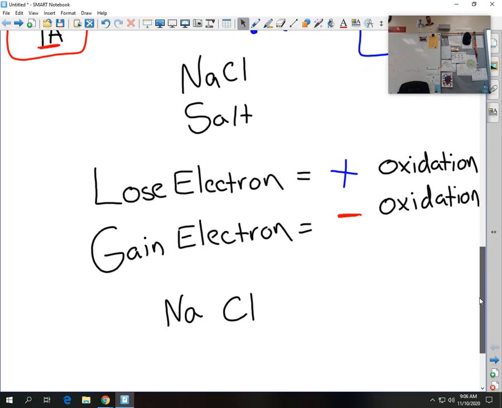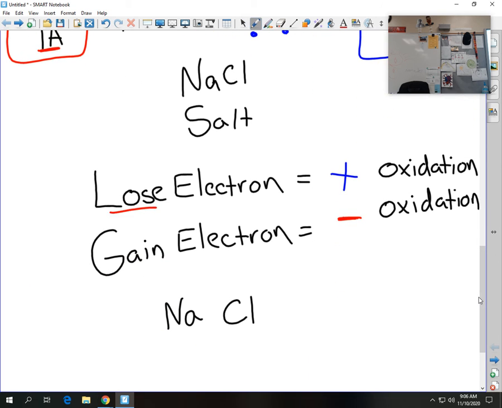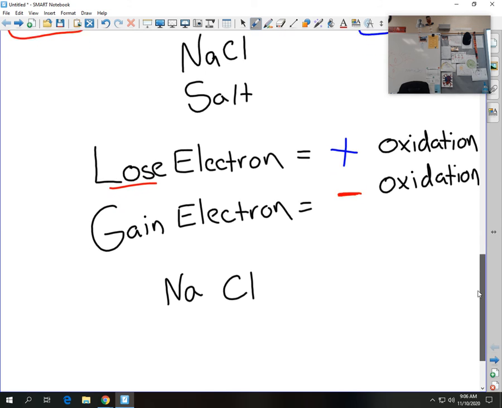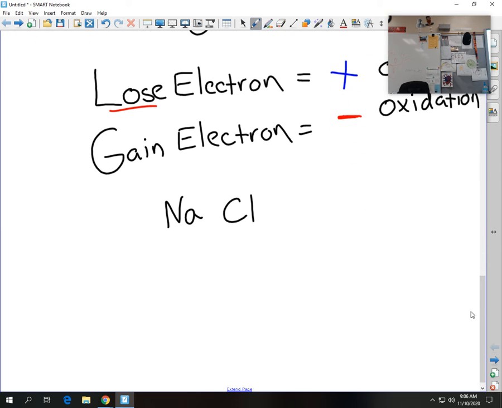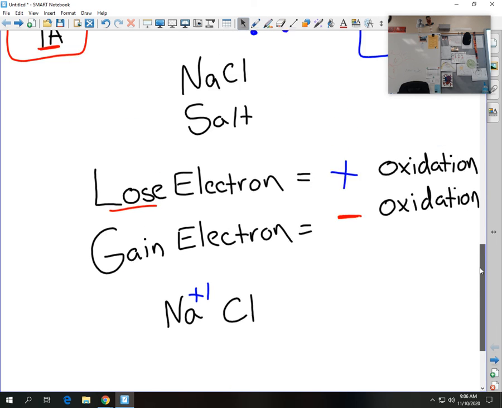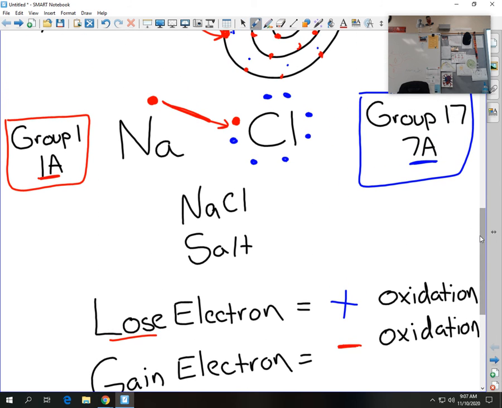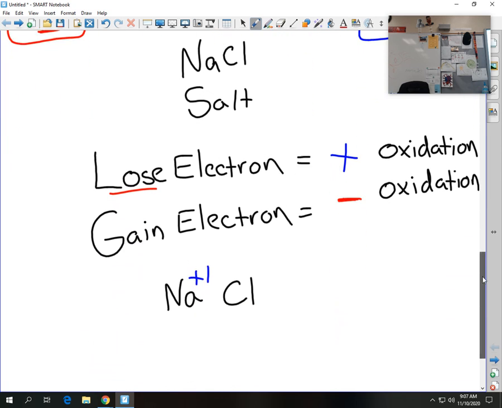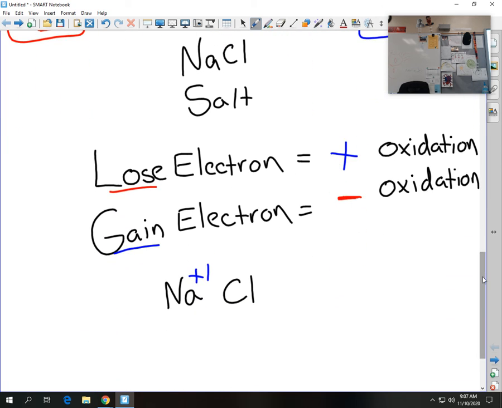Whenever you lose an electron, you become more positive. So sodium becomes positive 1. Meanwhile, chlorine gained an electron. Whenever you gain an electron, you become more negative. And so chlorine became negative 1.